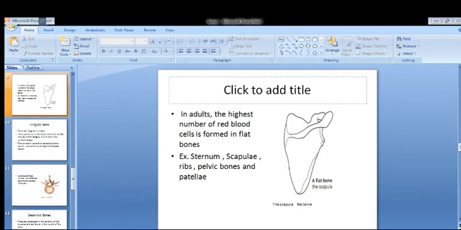Another bone is the patella, which is found on the front portion of the knee. When you put your hand over your knee, you can feel that it is shifting. That is known as patella. But this patella, I will be telling you about later. This is a flat bone also. This is also a sesamoid bone.